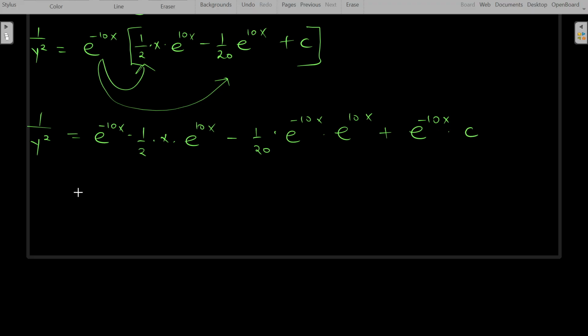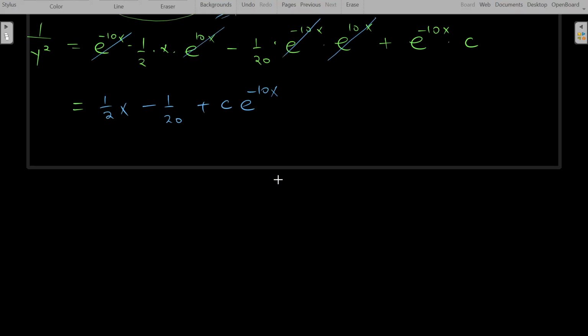Using the powers, if I add these exponents I should get 0, so these go to 1. I'll remain with a half x, minus 1 over 20, then add c e raised to negative 10x.